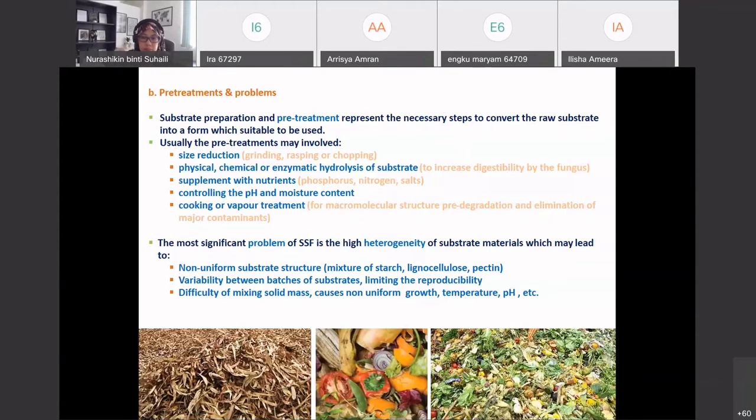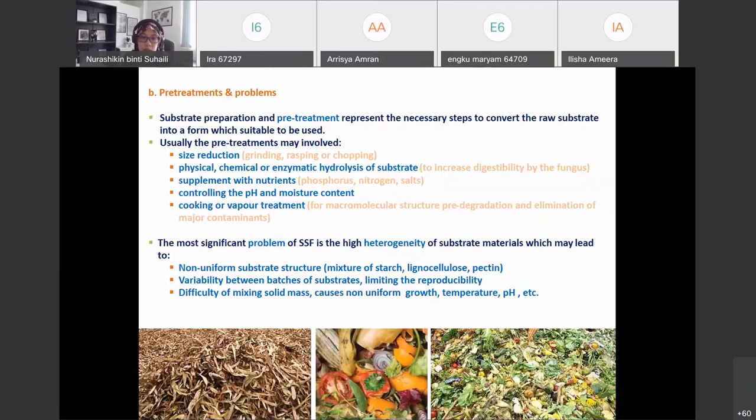Unlike the liquid, which you can always stir, for the solid it's very important to maintain the consistency or uniformity of the cultures. So because of these problems, that's why the pre-treatment that I mentioned above is needed.